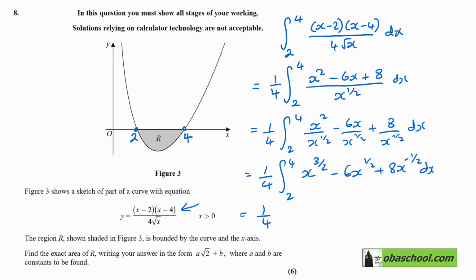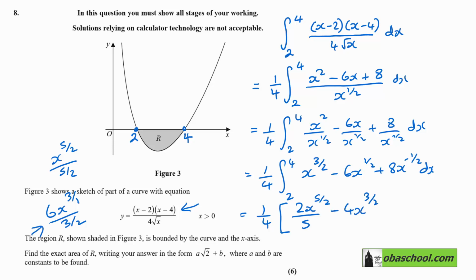And so that is a quarter of, x to the 5 over 2 over 5 over 2, which ends up being 2x to the 5 over 2 over 5. And then we'll have 6x to the 3 over 2 over 3 over 2, which ends up being 4x to the 3 over 2.